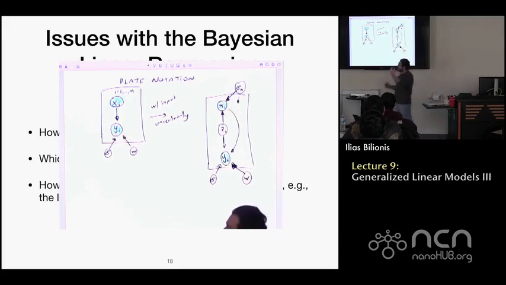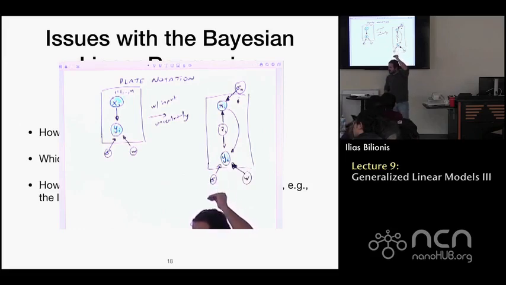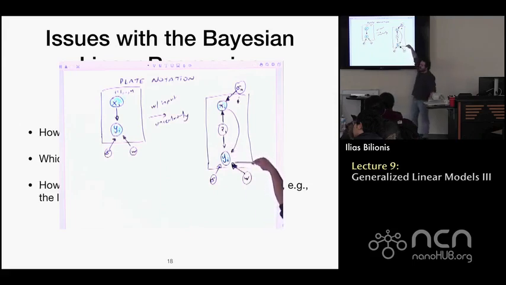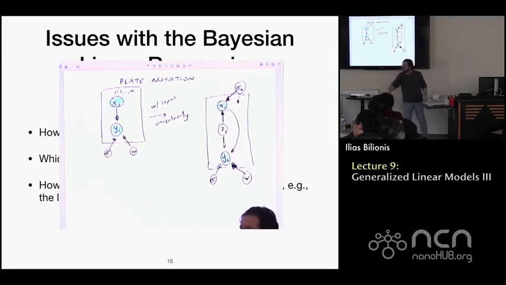Here the assumption is that it is not x that causes y. It is a hidden factor that causes y, and your measurement of the hidden factor is x. Does that make sense? So it's this z that causes y, and you try to measure that z, and you cannot get it right.